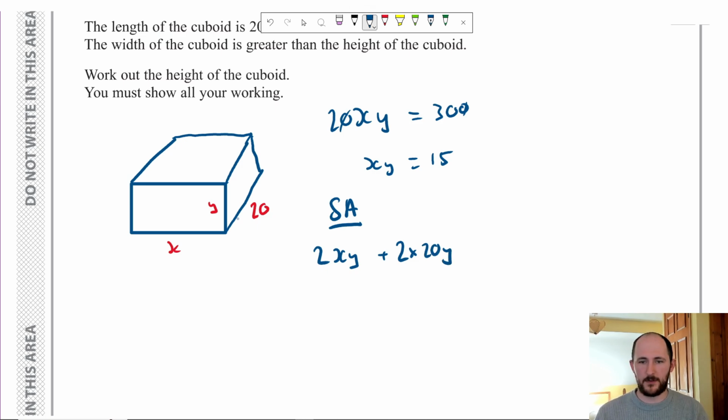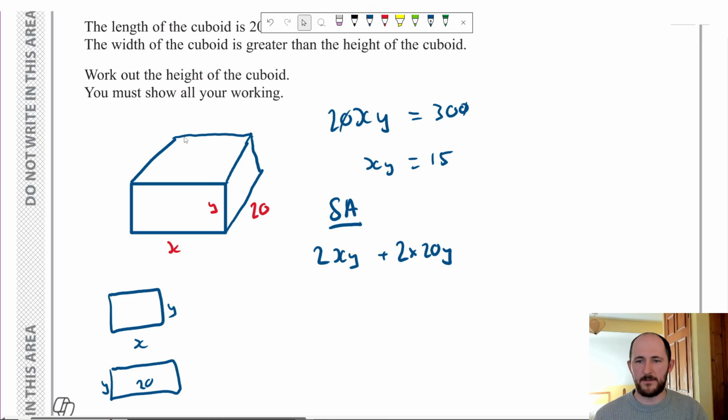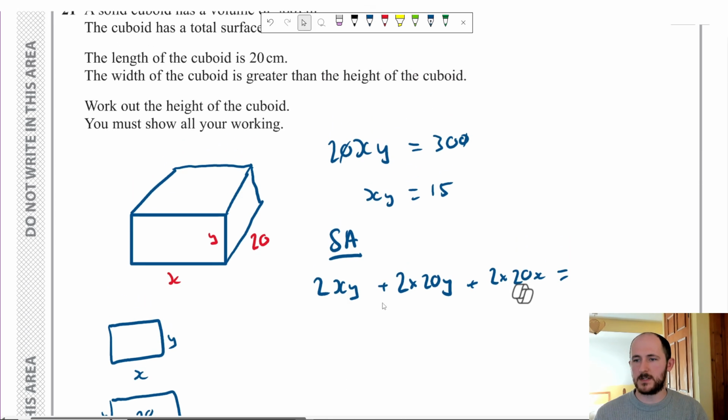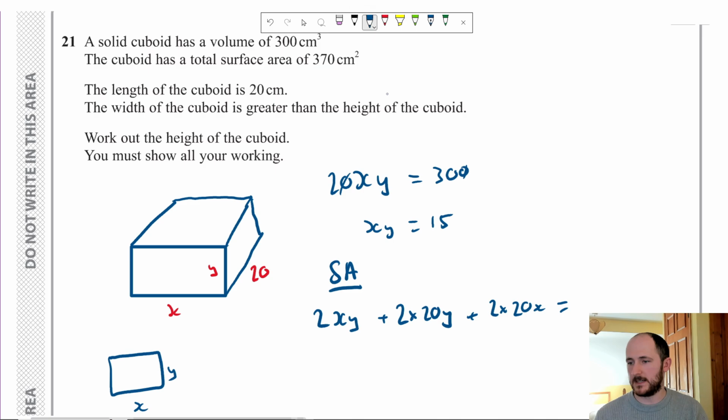Because again, the front is a rectangle like this. The side is a rectangle like this. And then we have the top and the bottom, which are rectangles that are x wide and 20 deep. And we have 2 of them. And that should all add up to 370.